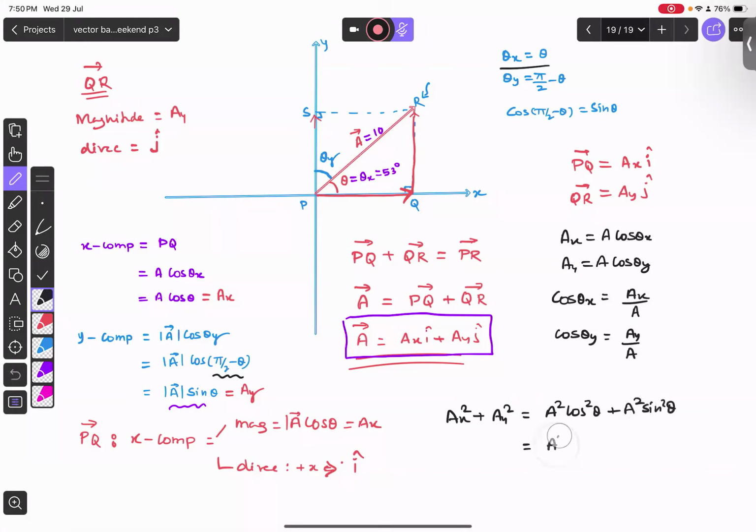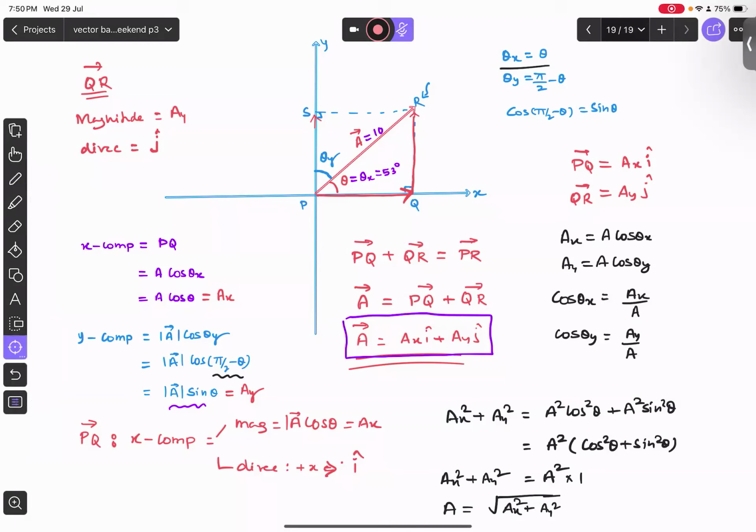And what is it going to become? 1, no? Yes, sir. So it means if I square up and add the components, it is going to give us A square. So I can find out the length of the vector A using it. That will be the square root of AX square plus AY square, correct?